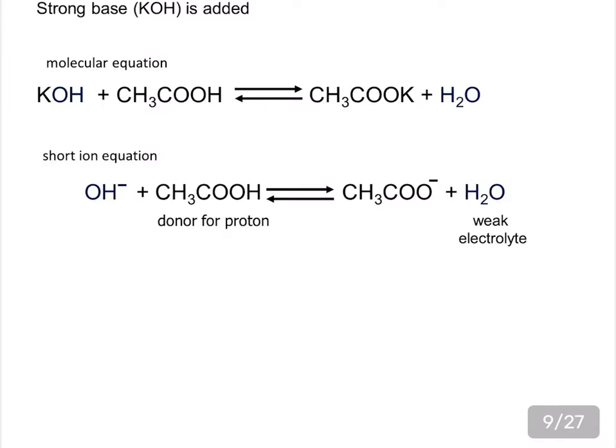So it is an example of an acidic buffer system.